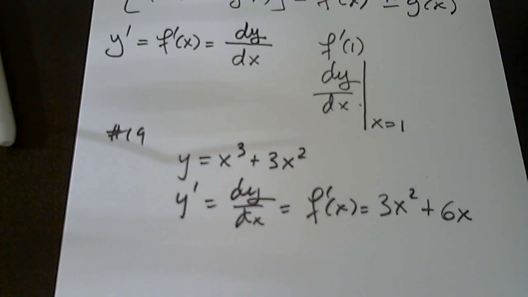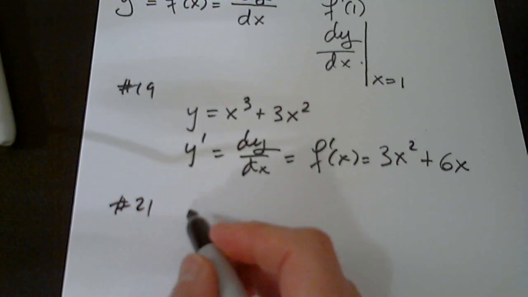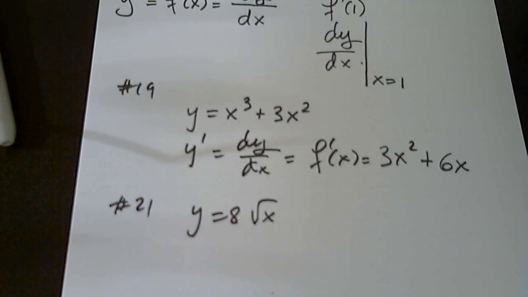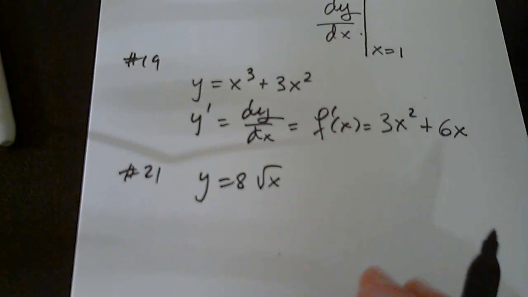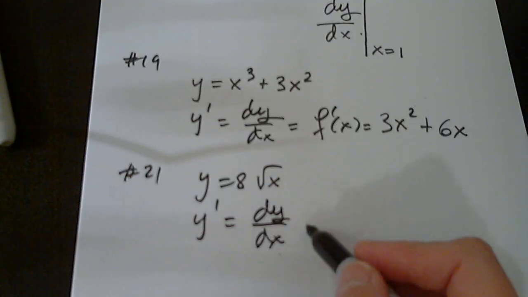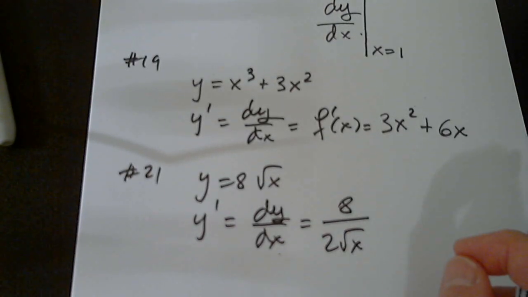Now, for example, if you give me 21, and this is y equals 8 times the square root of x, I will not use the power rule. For this one, either dy over dx or y prime, I will say 8 over 2 the square root of x. Done.